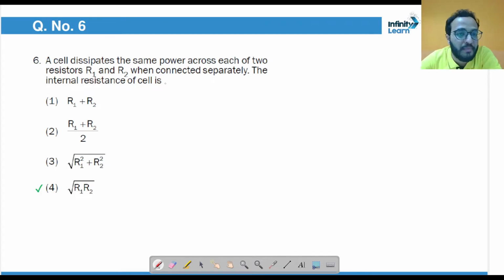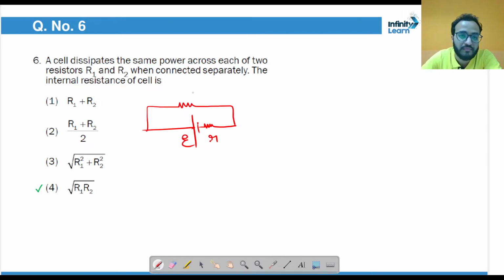They are saying a cell dissipates. So there's a cell like this. How does a cell look? Like this. This is EMF, this is internal resistance small r, and this is R1 connected separately. Then we have R2 connected separately.